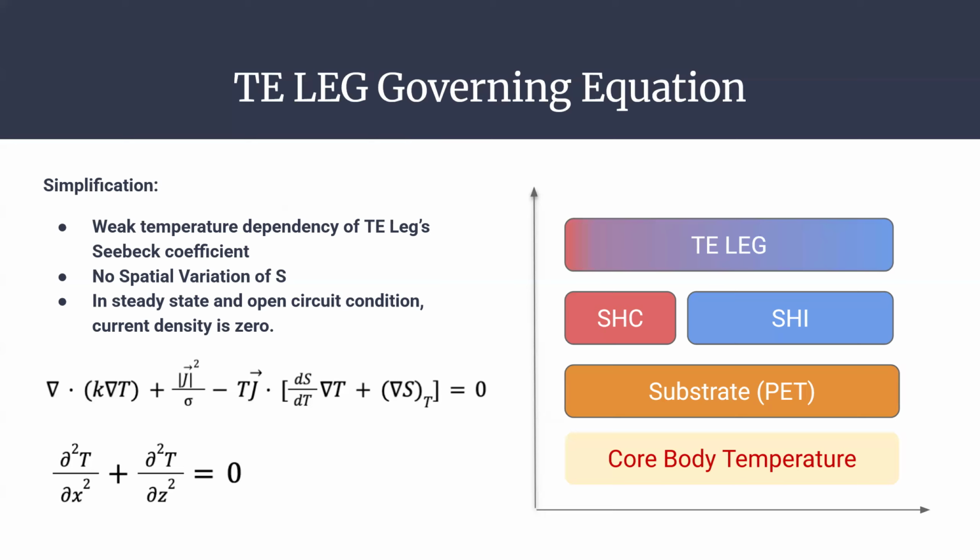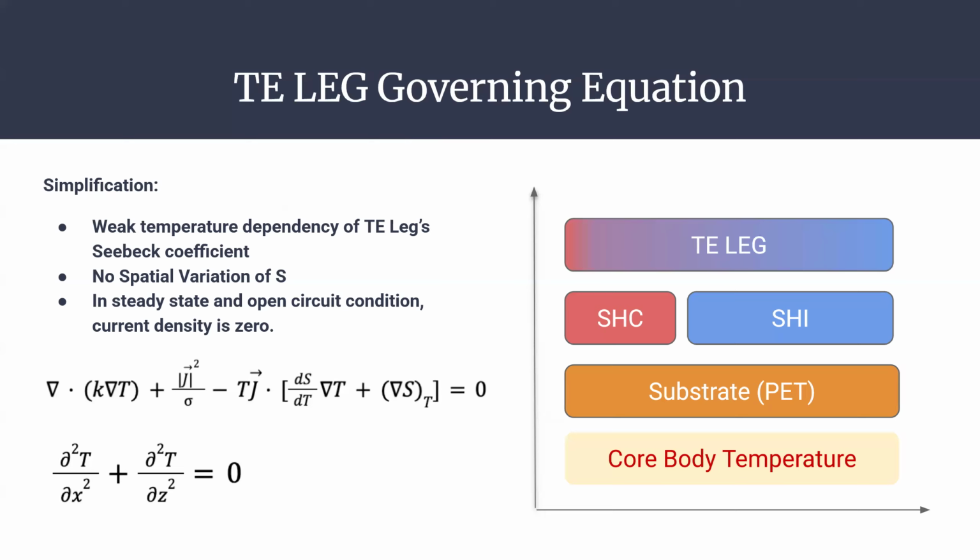The first simplification is that, due to the weak temperature dependency of the TE leg Seebeck coefficient, we can remove the third term of this equation.